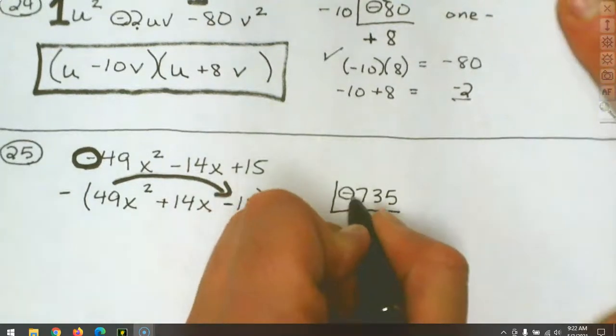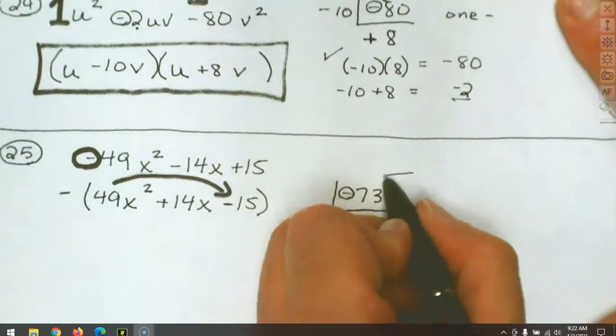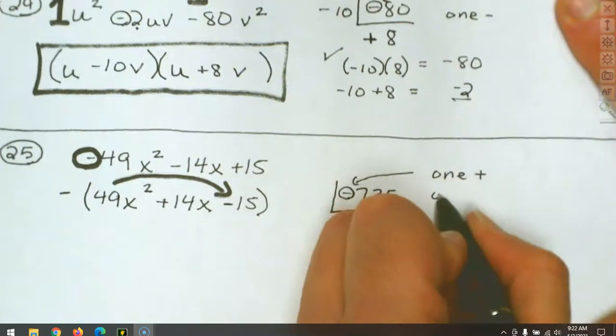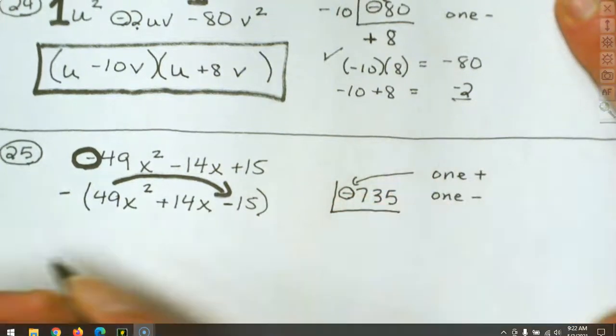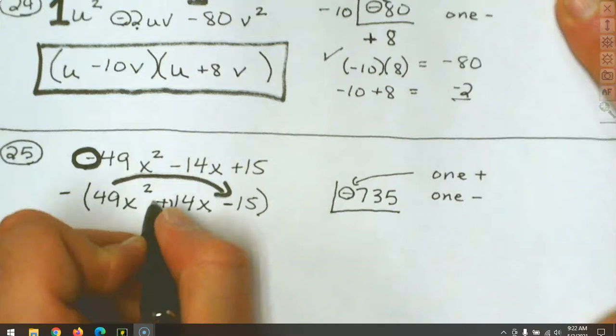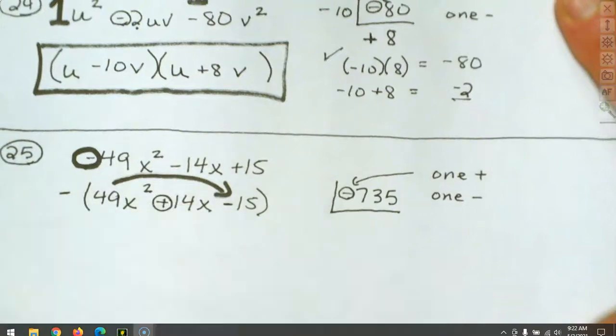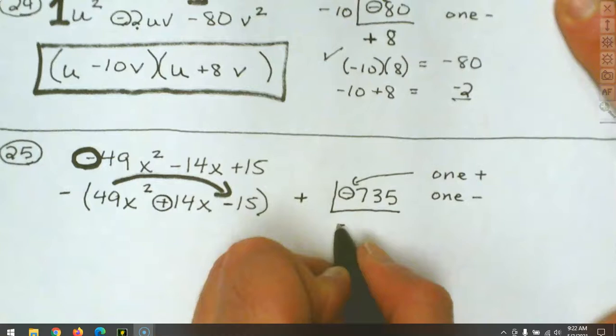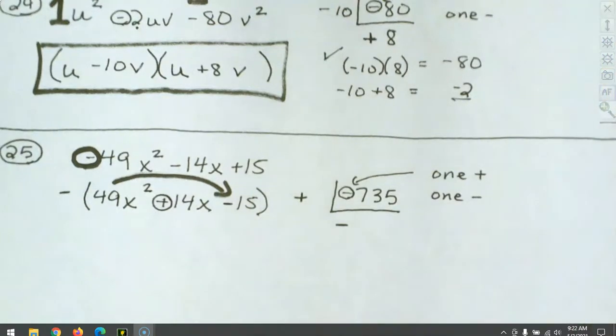So this is negative. So what do you know? One number is positive, one number is negative. What's the sign in the middle now? After we factored out that negative, it switched and it became a positive. So the larger number is positive, smaller number is negative.